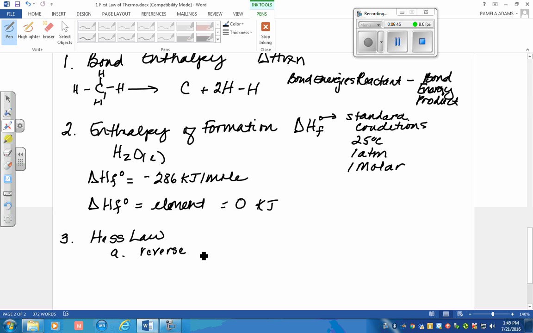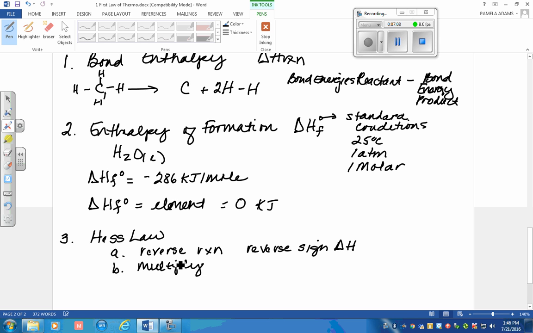If you reverse the reaction, you have to reverse the sign of delta H, and then once you have got your elementary reactions running the way you want, so they add up to the target reaction, then you have to make sure that you multiply each reaction.